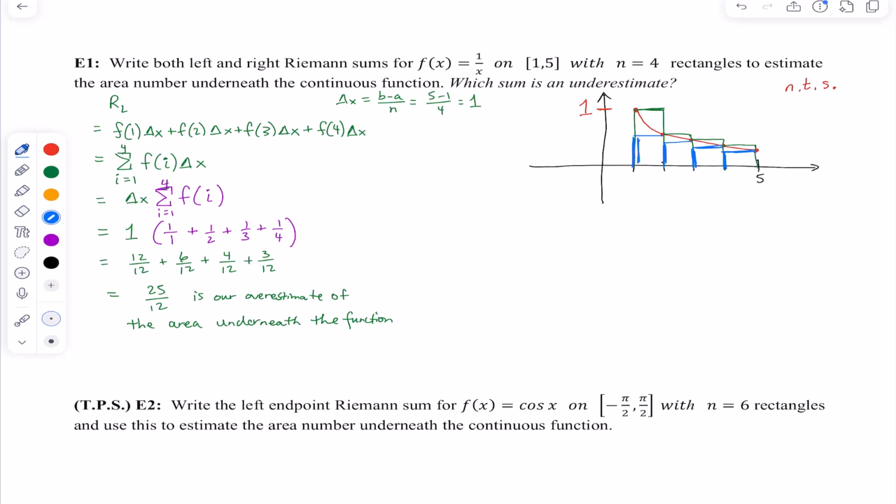And this time I will actually shade these right endpoint rectangles. And you can see that this is an underestimate of the actual area underneath this function.